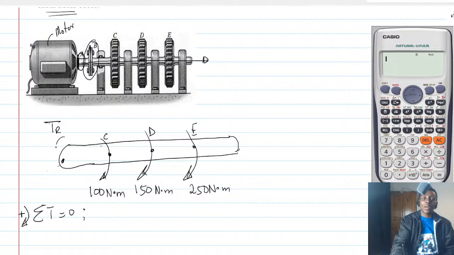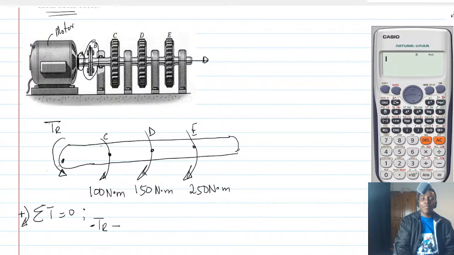Okay, so I think it's going to come this way. Sorry for that. So it's going to oppose it, alright? So it's going to actually oppose it. And what is that? So TR is going to be minus because it's going to be counterclockwise.